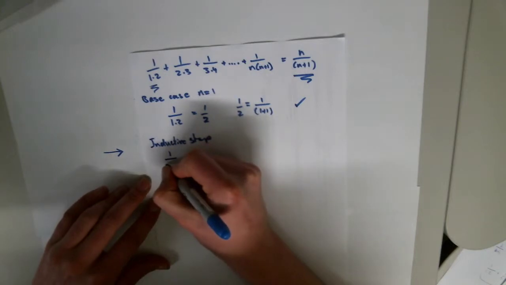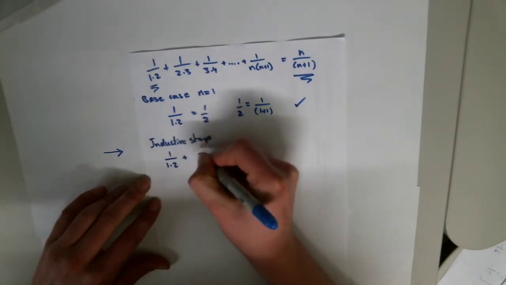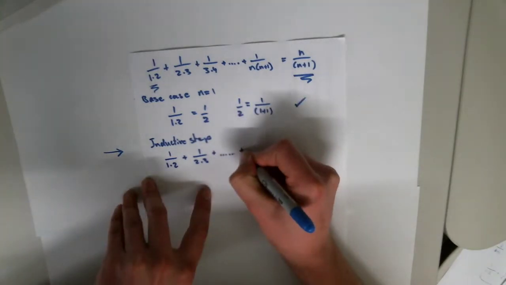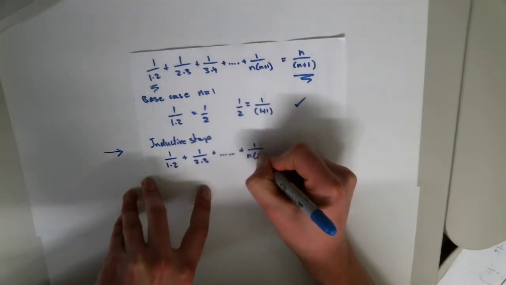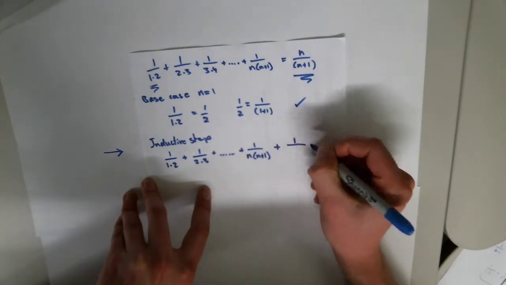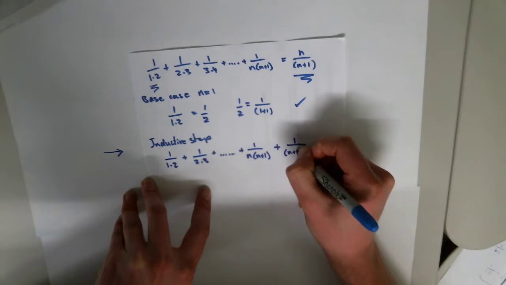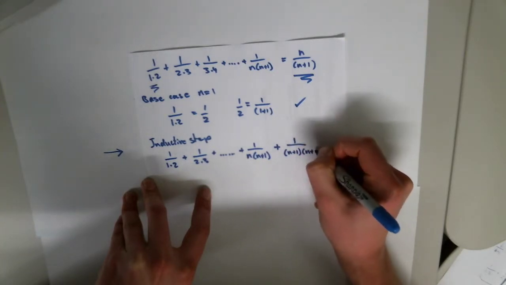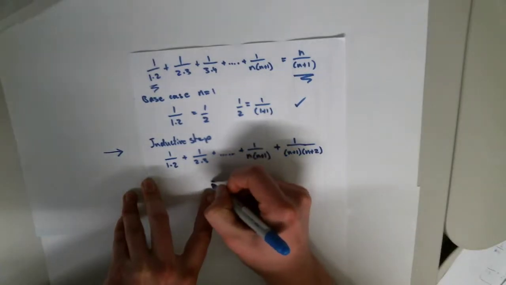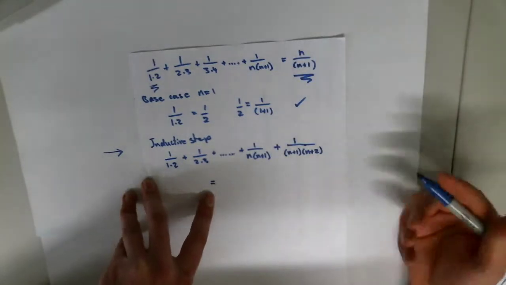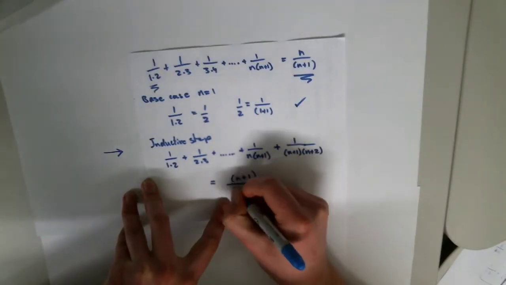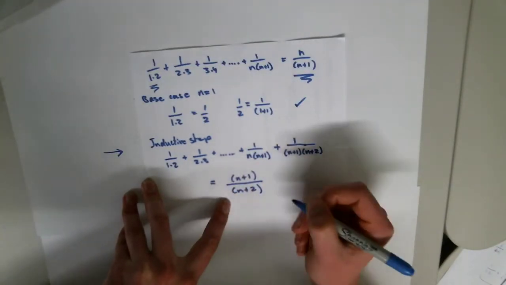So writing out all the terms explicitly, 1 over 1 times 2 plus 1 over 2 times 3 plus and so on, plus 1 on n bracket n plus 1 plus our new term, which is 1 on bracket n plus 1, n plus 2, equals this when we replace n with n plus 1. It's going to be n plus 1 over n plus 2.